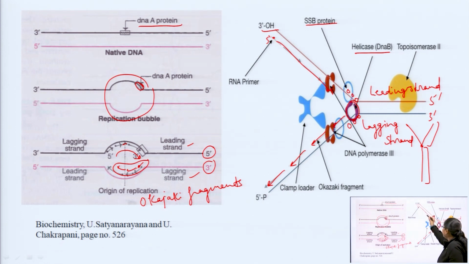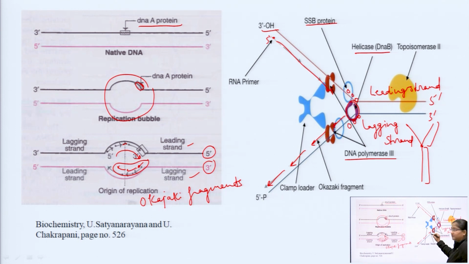And the newly synthesized DNA is synthesizing with the help of the enzyme DNA polymerase 3. That means the replication process is incomplete without DNA polymerase 3.